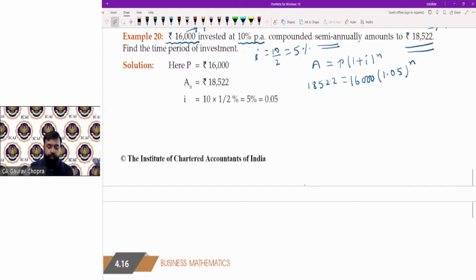How much do you get? 1.157625 is equal to 1.05 to the power of n.